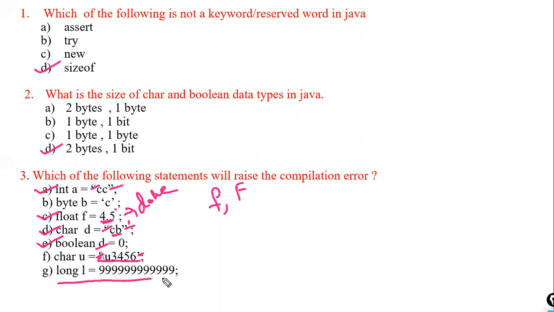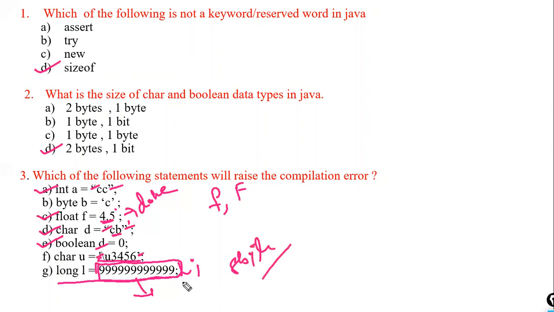The last value is long. By default, every integer, every digit or every number will be treated as an integer literal only. So whatever number we have assigned here is out of the range of the integer literal. In order to consider it as a long literal, we have to add the suffix capital L. Then the literal is considered as a long literal and 8 bytes of memory will be allocated.